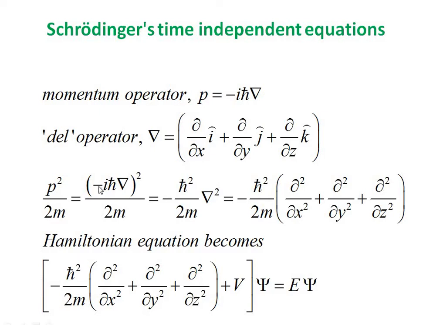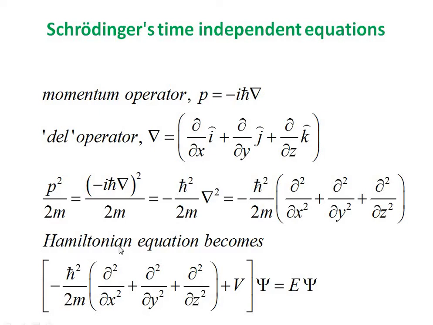Here minus into minus will be plus, i square is minus, and we get h cross square del square by 2m, where del square is the Laplacian operator, or simply the square of the del operator, that's given by dou square by dou x square plus dou square by dou y square plus dou square by dou z square. It's our del square operator. So p square by 2m is replaced in the operator form.